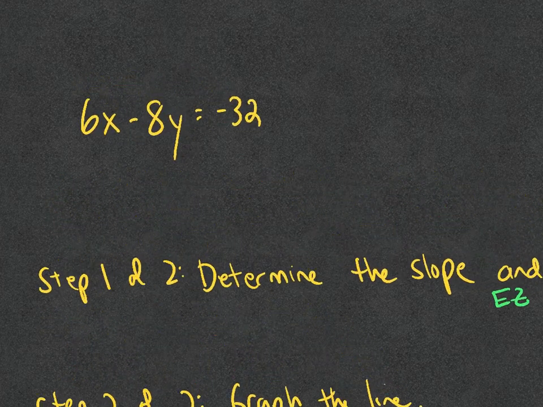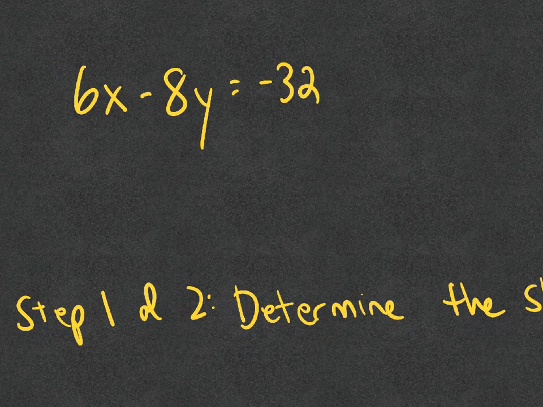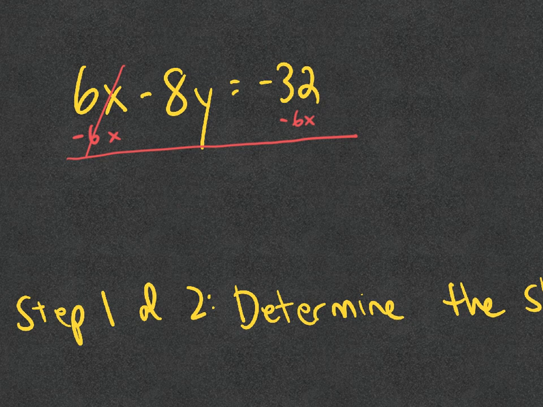So I'll zoom in on this just for a second. We're going to get y by itself. So we'll subtract the 6x from both sides. Remember, these are not like terms, so 32 minus 6, we're not doing that.